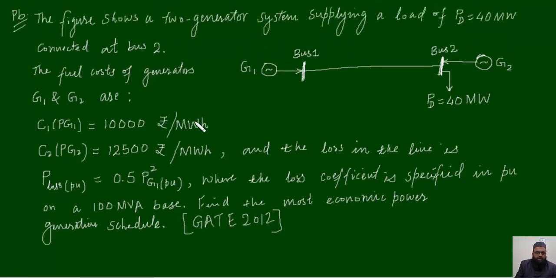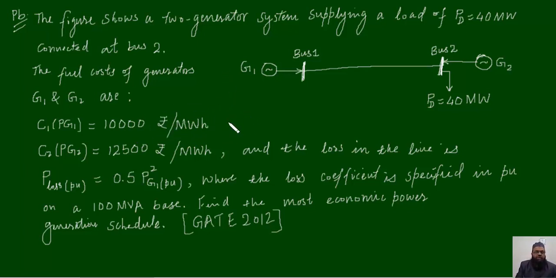One more thing, see the units, rupees per megawatt hour. So these are basically incremental fuel costs, not cost. The unit of cost will be rupees per hour.